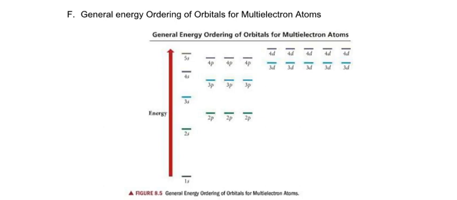So when you have other atoms with more and more electrons, this is the energy ordering. 1s is the lowest energy possible, then 2s, then 2p, then 3s, and 3p. And look how muddy it's starting to get here. So here's 4s, but what is a lower energy level than 4s? Over here it's 3d. What's after 3d? It's 4p. What's after 4p? It's 5s. What's after 5s? 4d comes next, and it goes on and on and on.